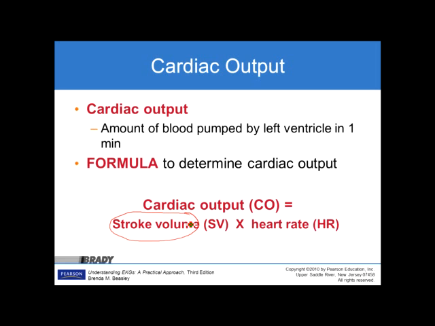Stroke volume is also determined by how much blood is entering the heart muscle itself, and the amount of peripheral vascular resistance, or the amount of vascular constriction that's occurring. The heart rate and all of these factors feeding into the stroke volume together equal cardiac output.